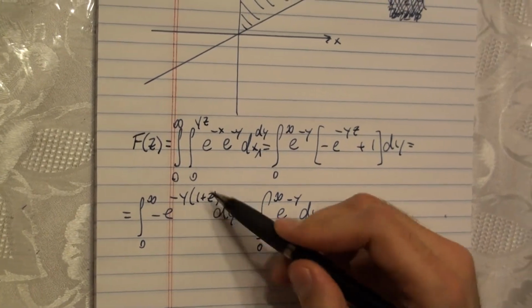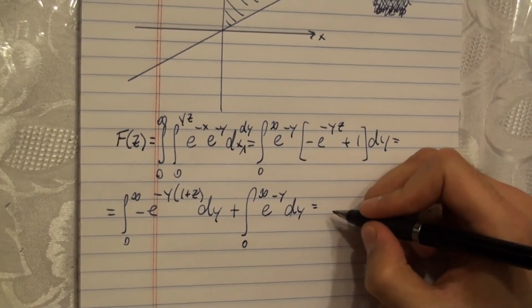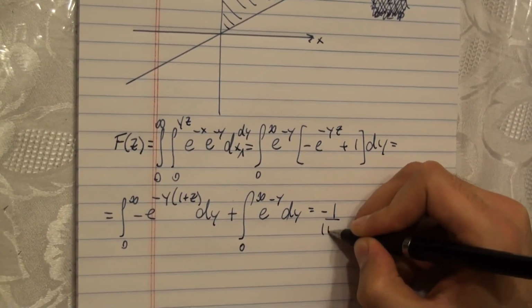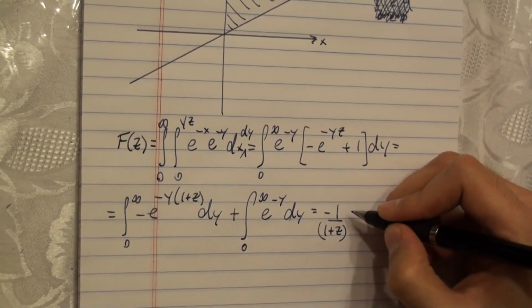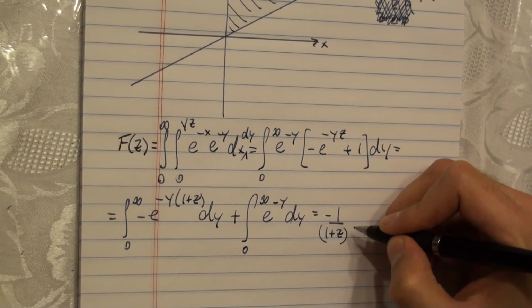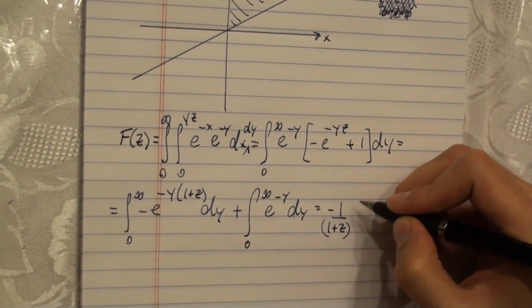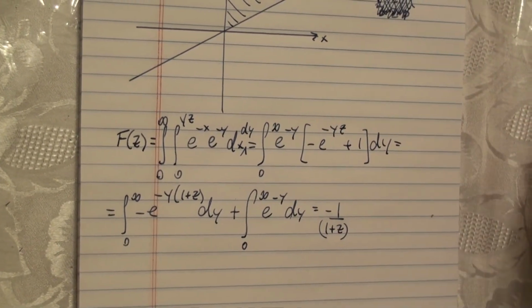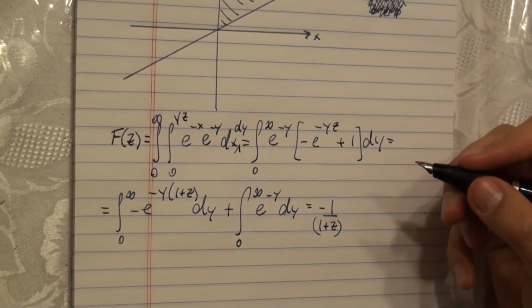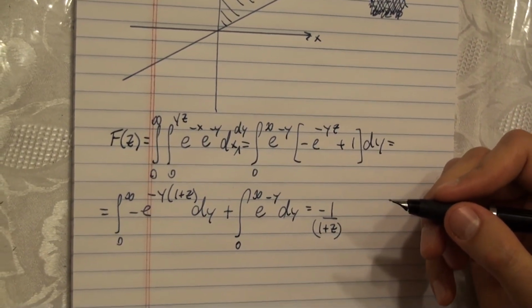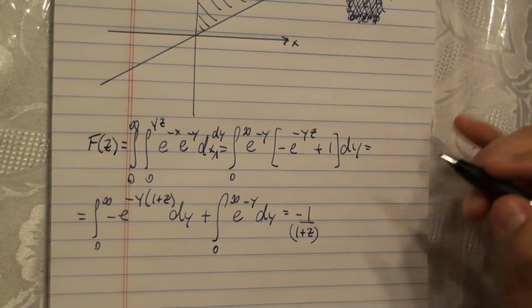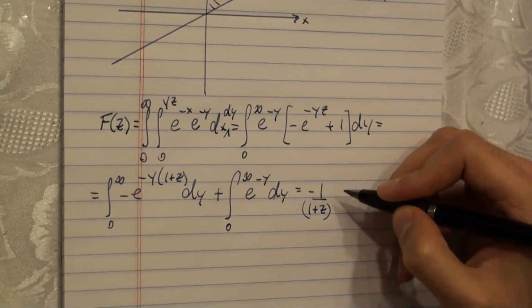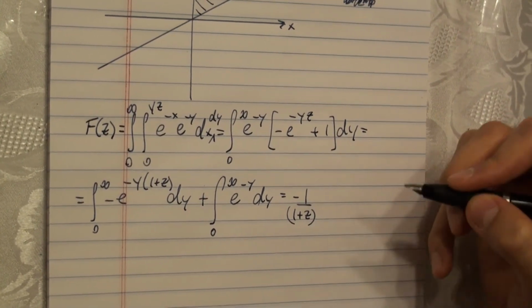So this guy is going to become what? It's going to become minus 1 over 1 plus z times minus e to the minus infinity, which is 0. Then minus minus becomes a plus.